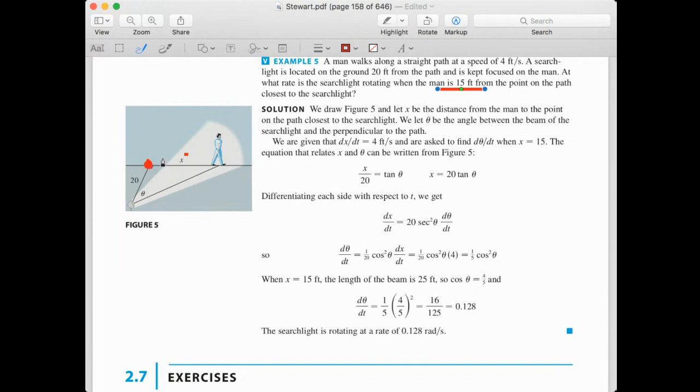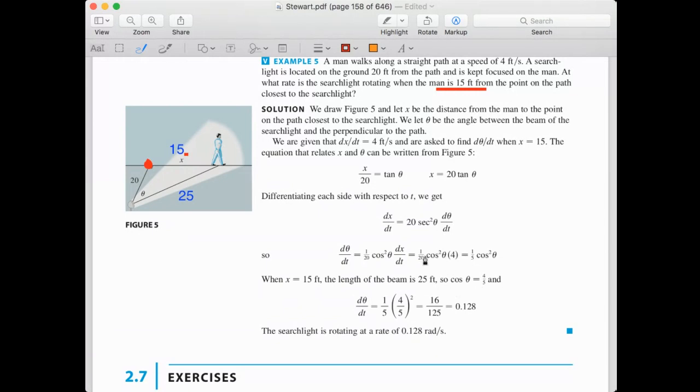We have 20, we have 15, let's put 15 here. 20 is 4 times 5. 15 is 3 times 5. So this side is 5 times 5, so we get 25. We could use 20 squared plus 15 squared, then square root, the Pythagorean theorem. Look at 25. And so cosine theta equals 20/25 or 4/5.